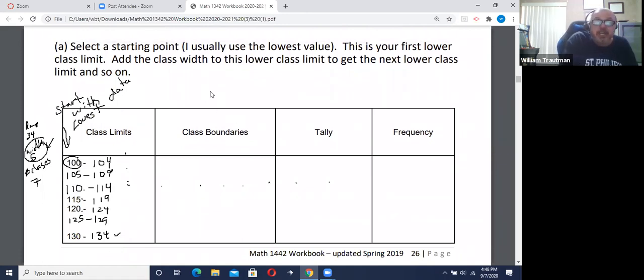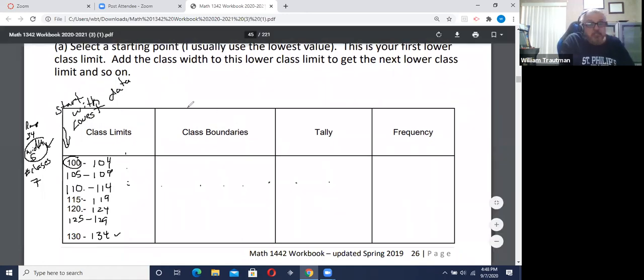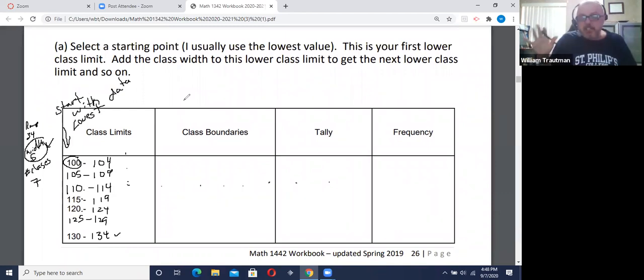So next we have to do the boundary. I'm hoping everybody pays attention, because you're going to have to be able to do exactly what we just did. The class boundaries, remember, is a 0.5. This is the lower limit. This is the upper limit. This is the lower boundary, the upper boundary.